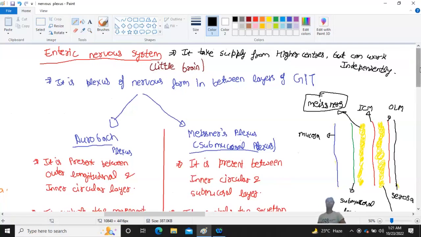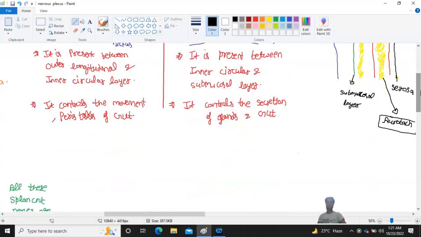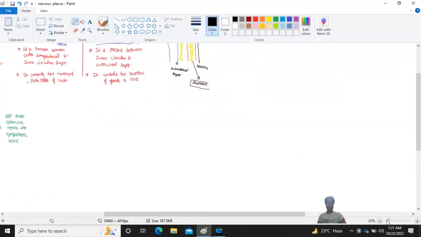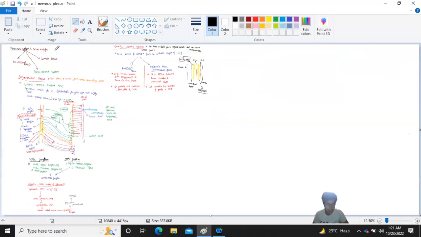Now come to the lumbar plexus. So this is the part we have covered: the prevertebral plexus, splanchnic nerve contribution, sympathetic plexus, enteric nervous system. Now come to the lumbar plexus.